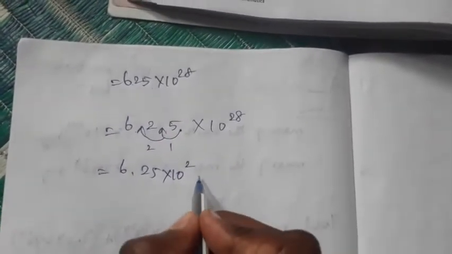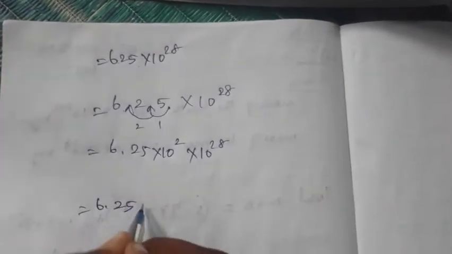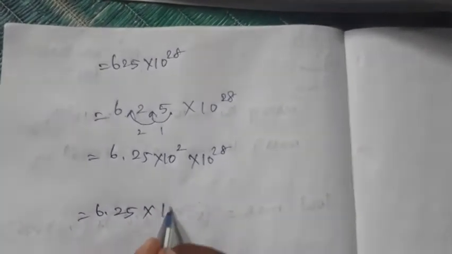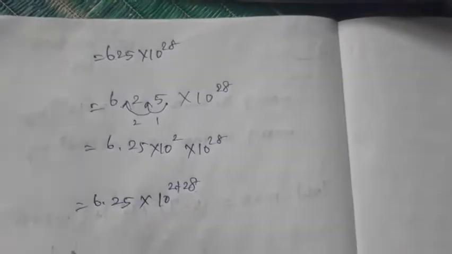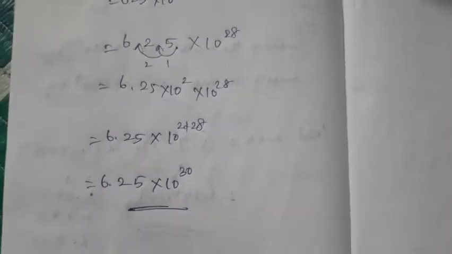So 10 power 2 × 10 to the power 28: 6.25 × 10 with the base common, we can add the powers, 2 plus 28. Therefore 6.25 × 10 to the power 30. So this is the required solution.